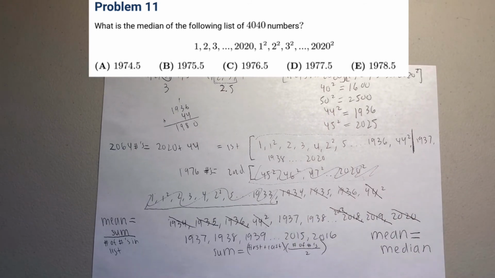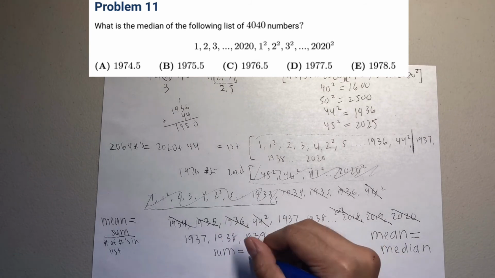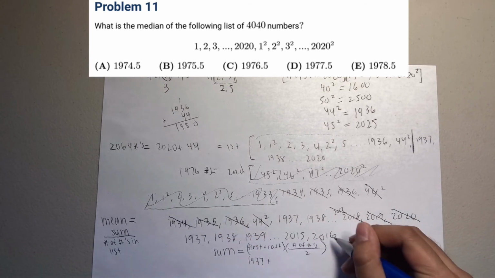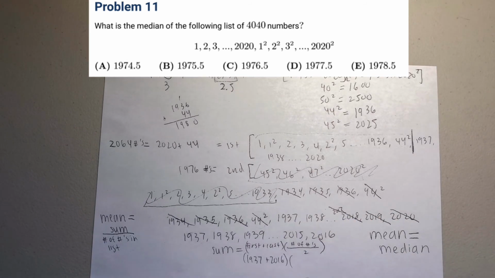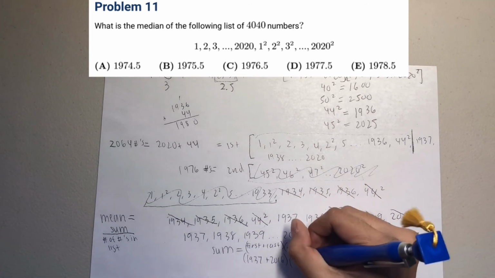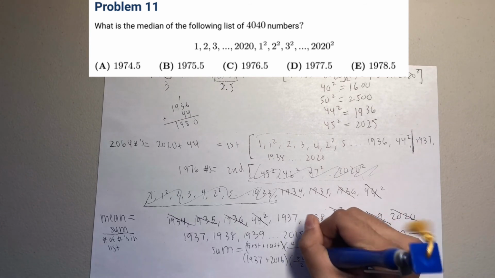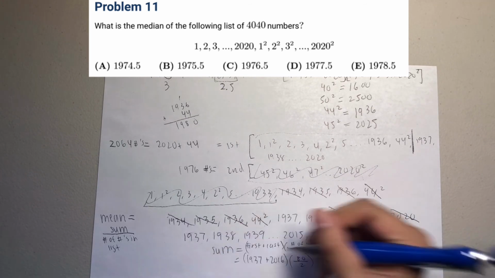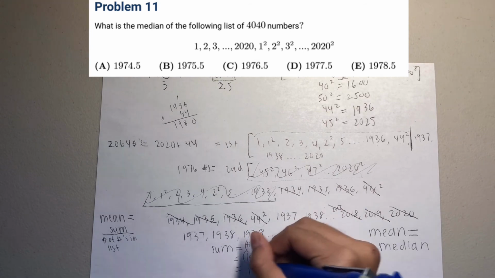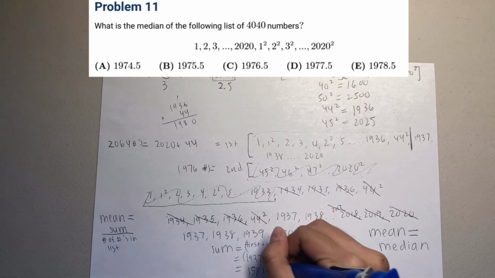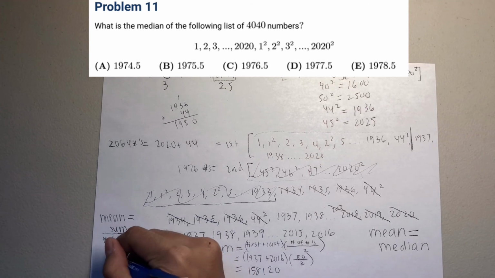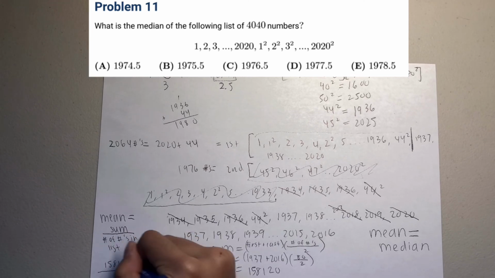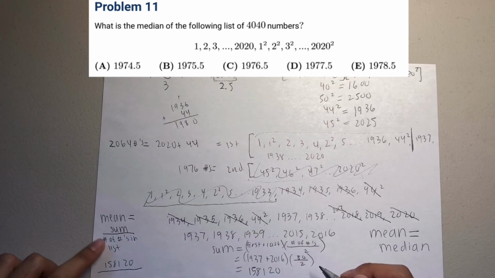So now all we have to do is plug in numbers. The first, 1937, plus the last, which is 2016. And then how many numbers there are. There are 80 numbers in this list. Divided by 2. And so this is equal to 158,120. That is the sum. So we can put this back in here, divided by how many numbers there are on the list.